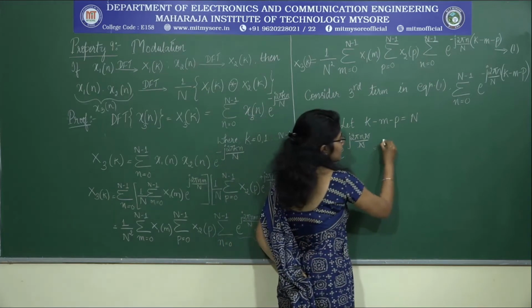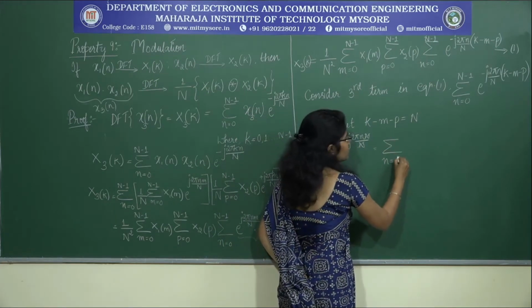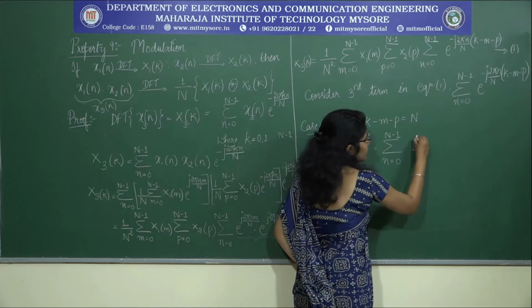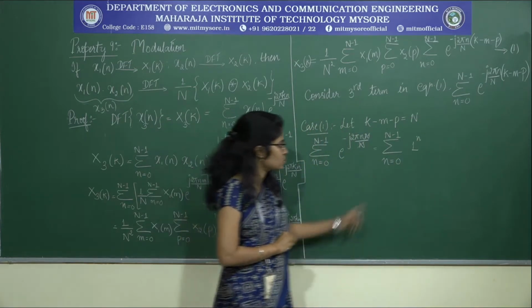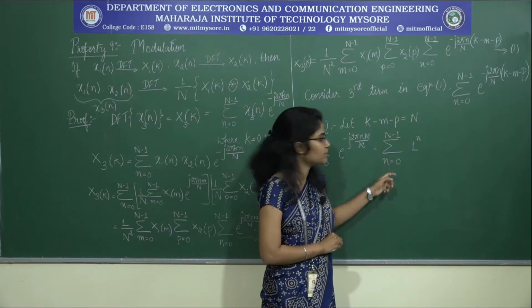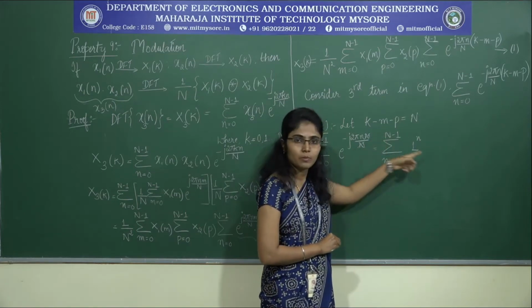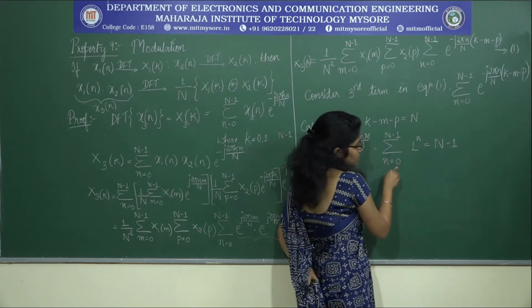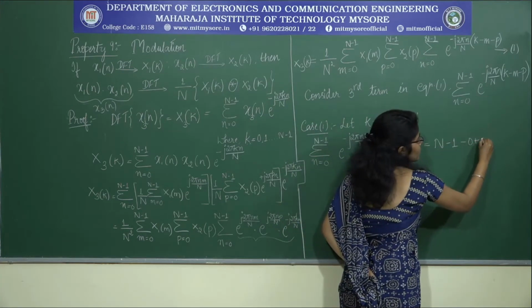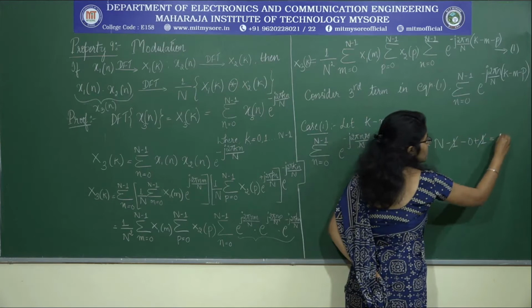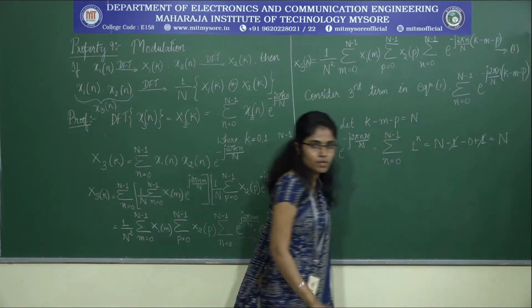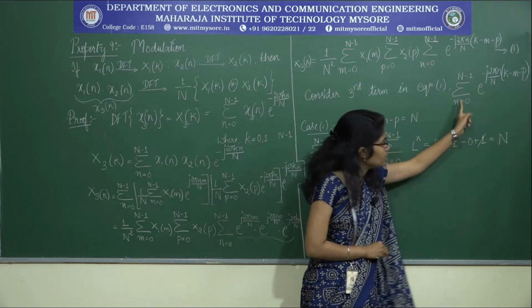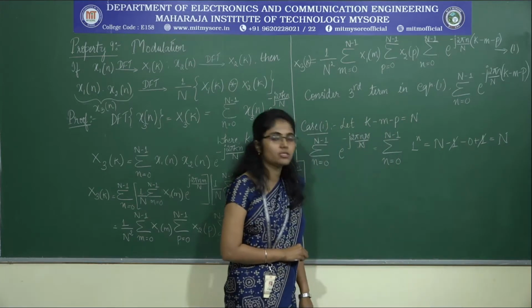So if I rewrite this, I can write it as summation n ranges from 0 to N minus 1, and instead of e power minus j 2 pi, I will write it as 1 to the power of n. So this is similar to the standard formula, which is nothing but the upper limit minus lower limit plus 1. If I substitute that, it gives N minus 1, the upper limit, minus the lower limit plus 1. So now I can cancel minus 1 with plus 1. Finally we get N. So whenever this term is equal to N, in the third term we get the value as N. So this is case 1.